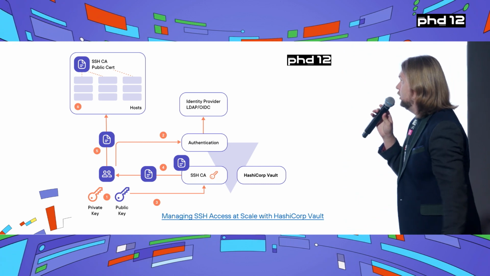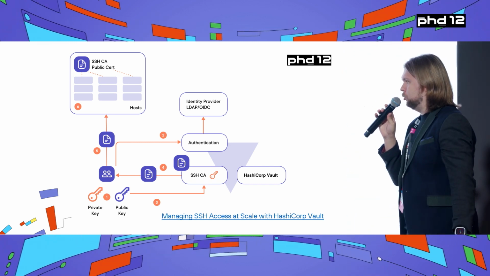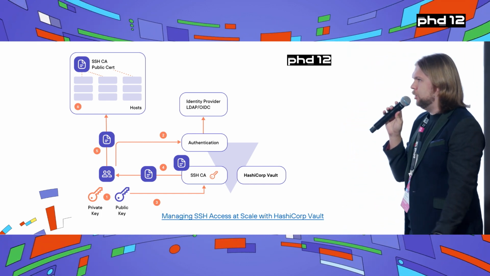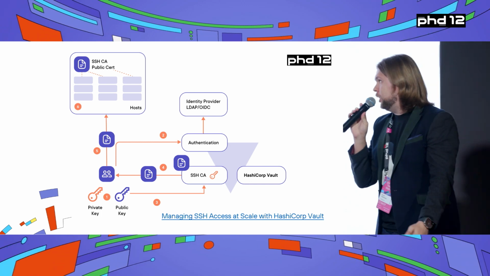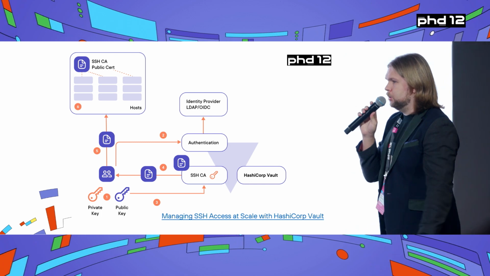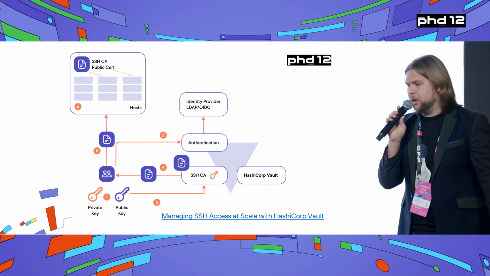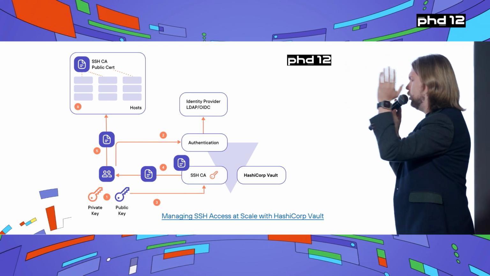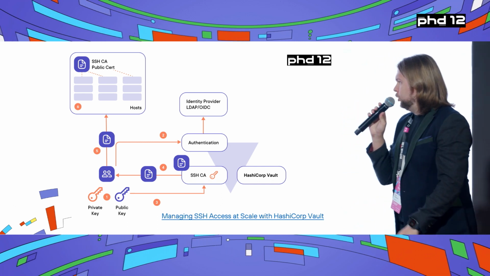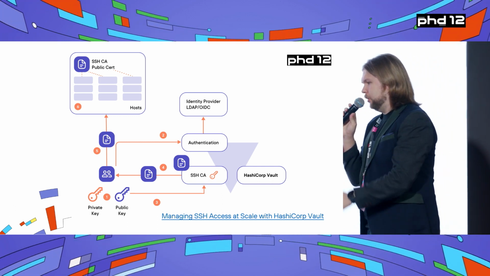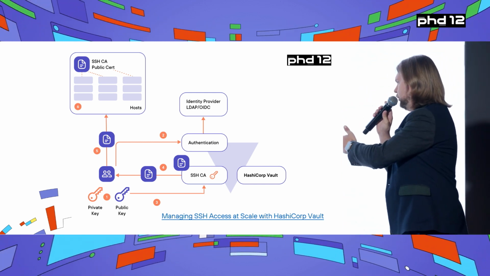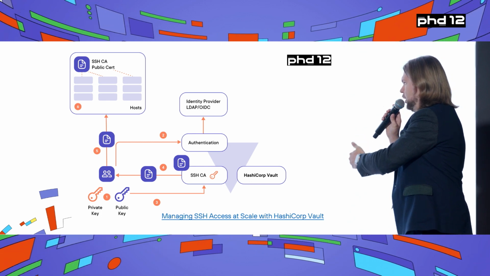We have certain administrator who wants to visit the resources inside our infrastructure. He would generate some cryptographic pair, a couple of keys, and would make a certificate based on that. After that, the arrow number 2 means that he would have to do authentication that supports HashiCorp by means of some OIDC provider. After the user is authenticated, he would provide his certificate, and it would be signed with the certificate authority.